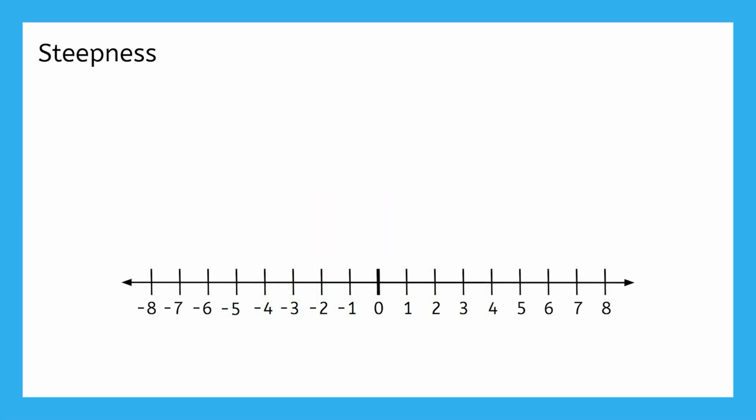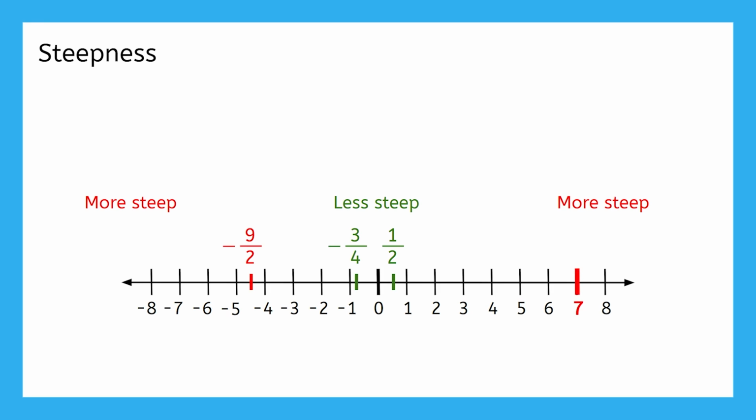So what does this mean for the actual numbers we use to represent slope? Well, the steeper a line is, the farther the value of the slope is away from 0 on the number line. Slopes close to 0, like maybe 1/2 or -3/4, would be less steep than slopes farther away from 0, like -9/2 or +7.